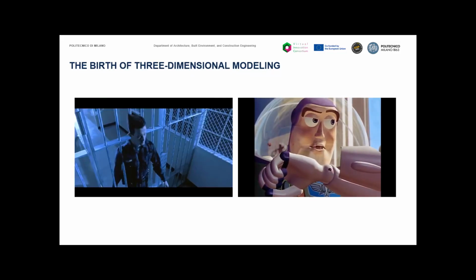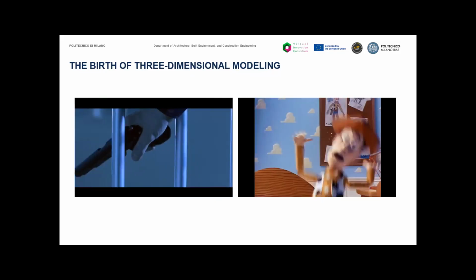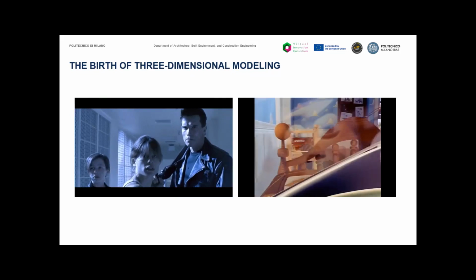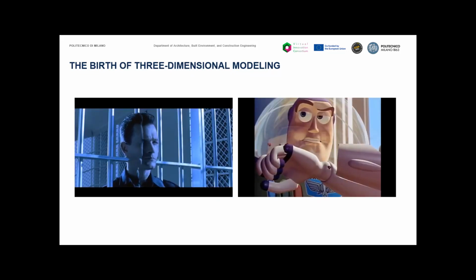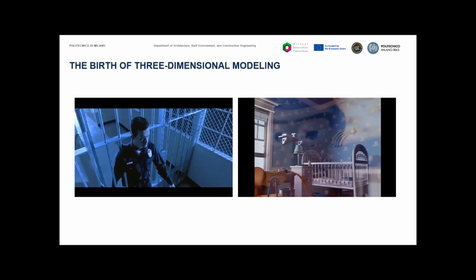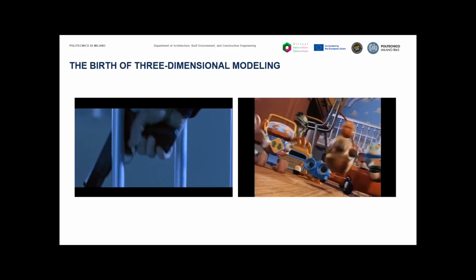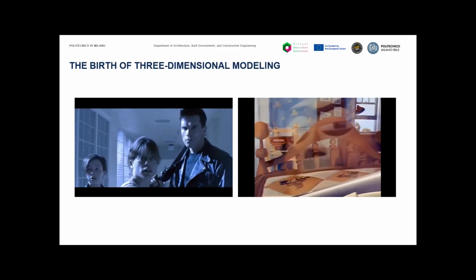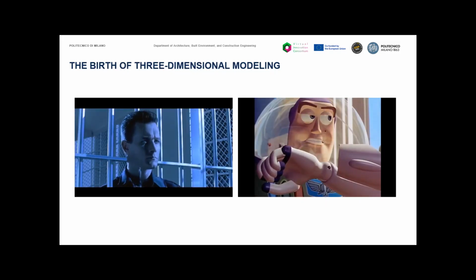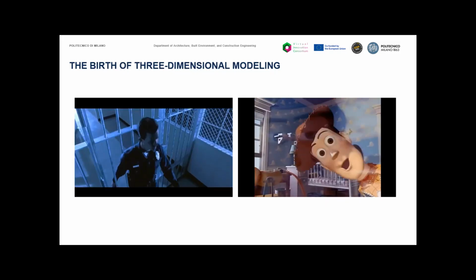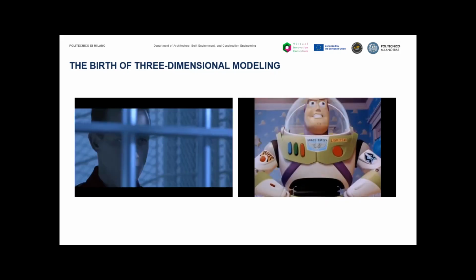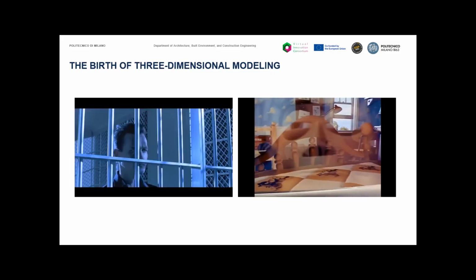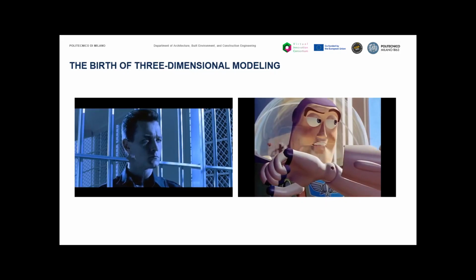We can see it here. '91, Terminator 2, the T-1000, the bad guy here, was the first photorealistic computer-generated character that was successfully integrated into live-action theatrical footage. It was the first time that a mass audience encountered a fully digital object that they couldn't immediately identify as one.